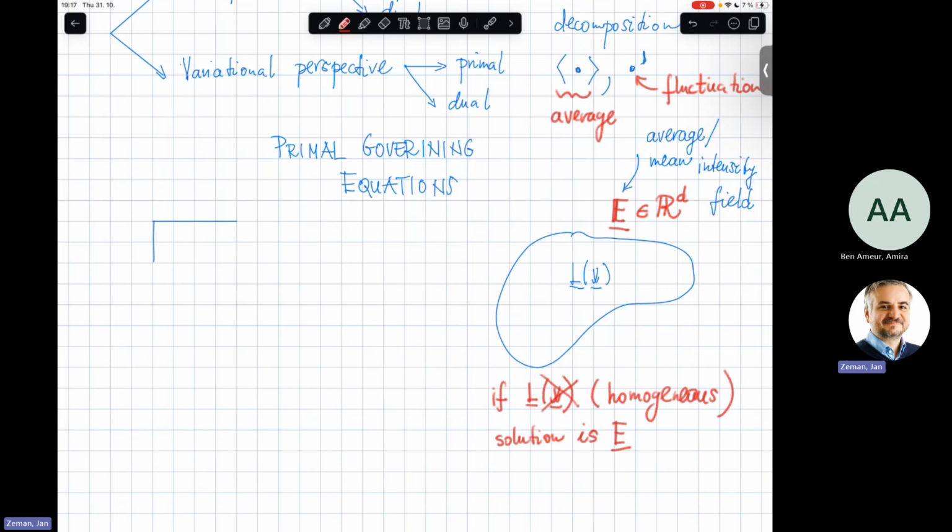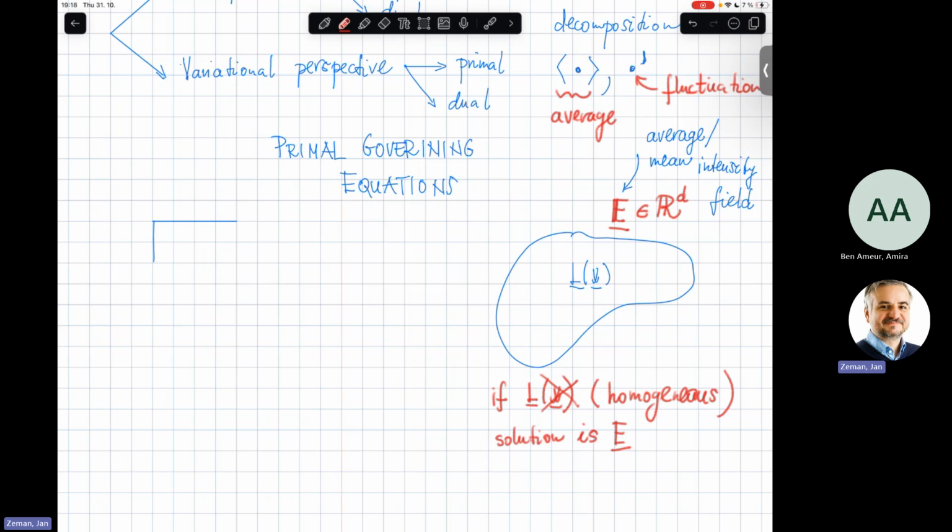So, for instance, assume that you take some finite sized body and you put it into a certain environment in which there is a constant temperature gradient. If you put the body there and just let it evolve until it reaches the steady state behavior, this temperature gradient will be same everywhere, right?